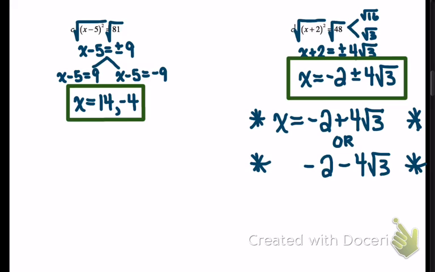You would do negative 2 plus 4 root 3 in your calculator and hit equals, then negative 2 minus 4 root 3 in your calculator and hit equals. So probably in your notes, boxed answer is exact. Starred answers, if I figure out what those decimals are, those would be rounded or approximate answers.